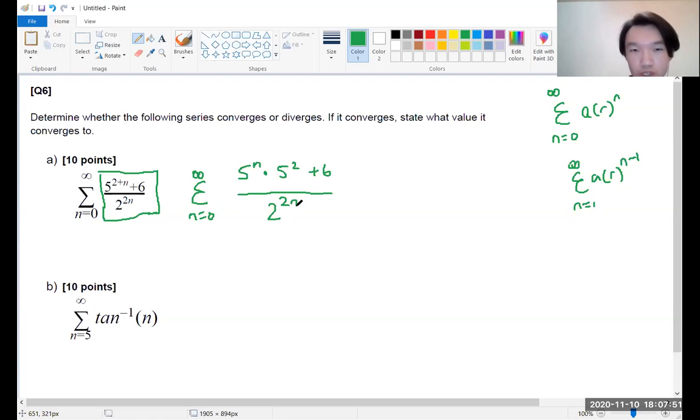Split it into 2 series. Okay, could you be more specific? So, oh, I see. Yeah, okay. So, yeah, notice the numerator is basically just 2 things added together. So you can split it into like 2 fractions, sort of. So let me move this.